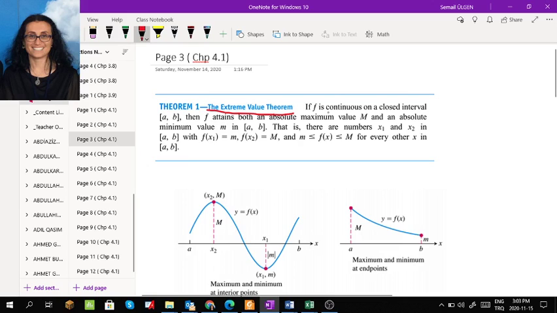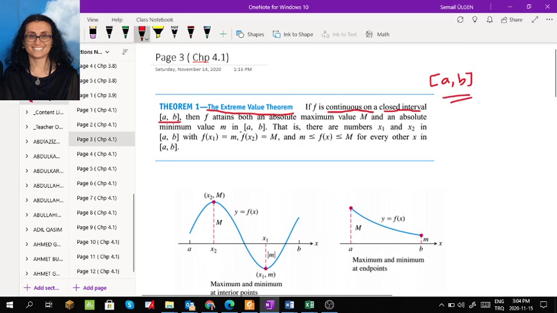First of all, f is going to be a continuous function, and it's going to be continuous on a closed interval like this. It has to be the domain, it has to be closed and bounded like this, a to b. This is important that we have this.